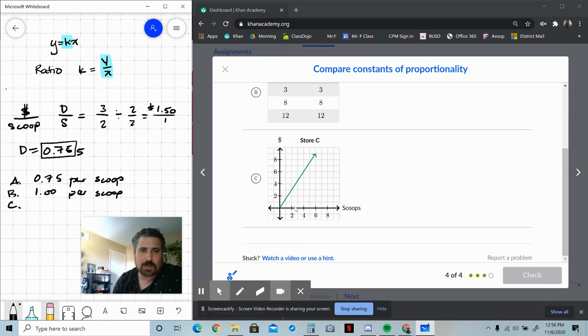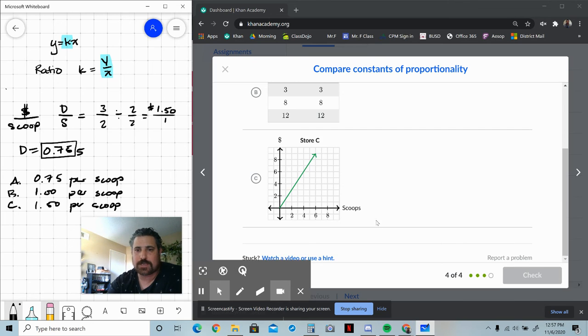So that's going to be $1.50 per scoop. So this is as x is 1, y is 1.5, as x is 2, y is 3, as x is 4, what would 4 times 1.5 be? That would be 6, and so you can see that that works out perfectly. There's your 4 and 6 ratio. So that's going to work out.